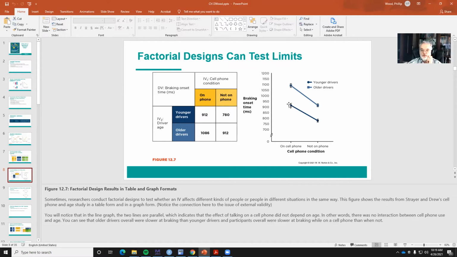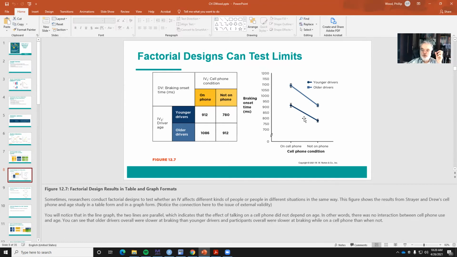That is, if I take this line down here of the younger drivers and I squeeze those two lines together, I get a number that's lower than if I squeeze these two dots together for the older drivers. So, it takes older drivers longer to brake than younger drivers.